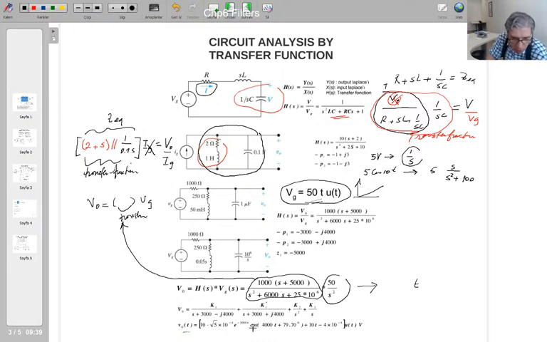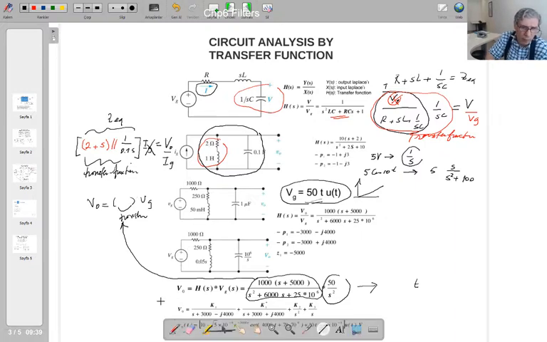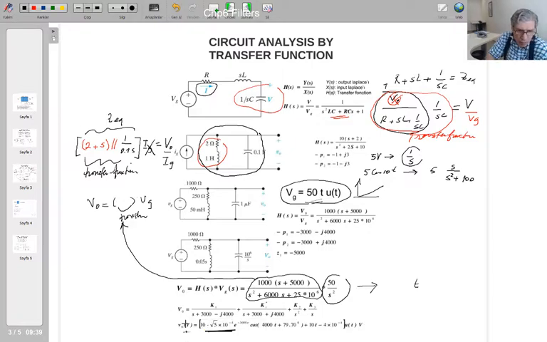If you look at that solution, since the characteristic roots are complex roots, then this part comes in. This part here is the homogeneous part. That part is the particular part.